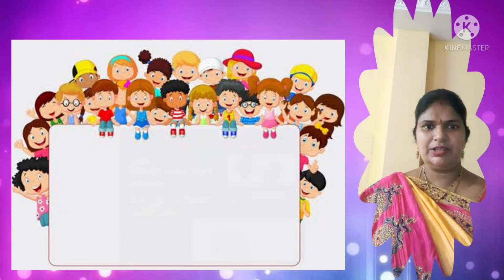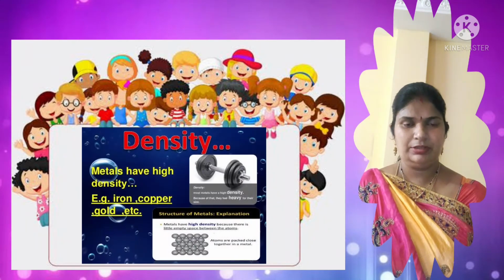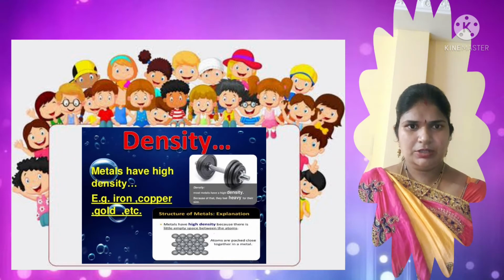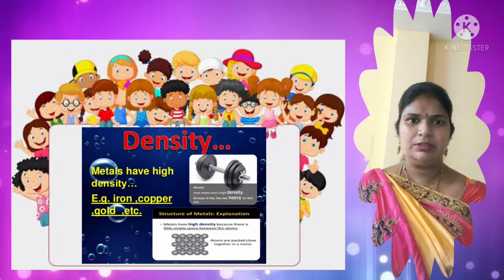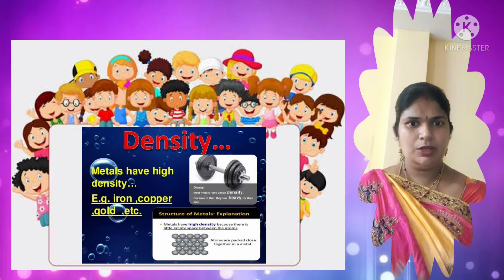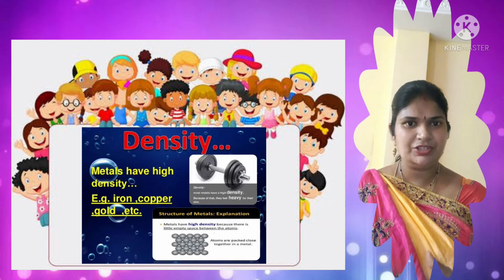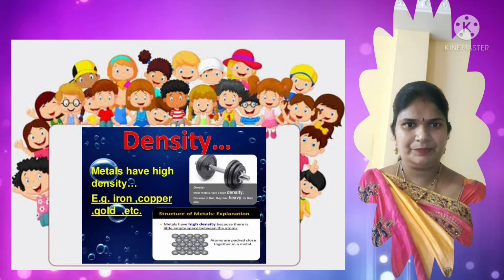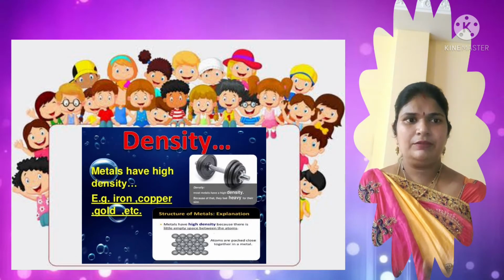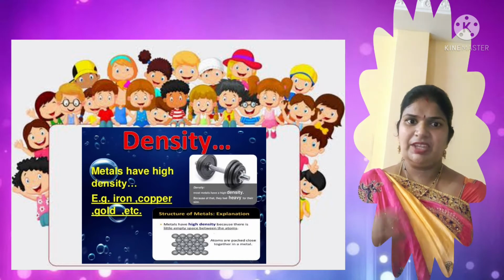The next property is the density property, children. Generally, metals have high density. Why do they have high density, children? Density means more weight. So why are metals more dense? Because they are hard.